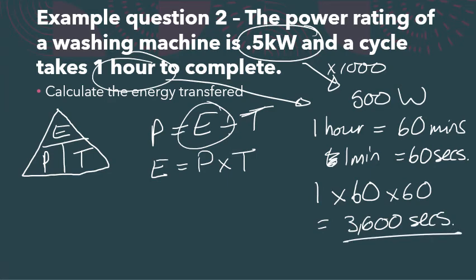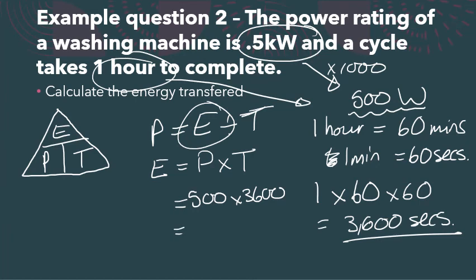Right, now we need to take the 500 watts and the 3,600 seconds and substitute them into the equation. So power is 500, and the time is 3,600 seconds.